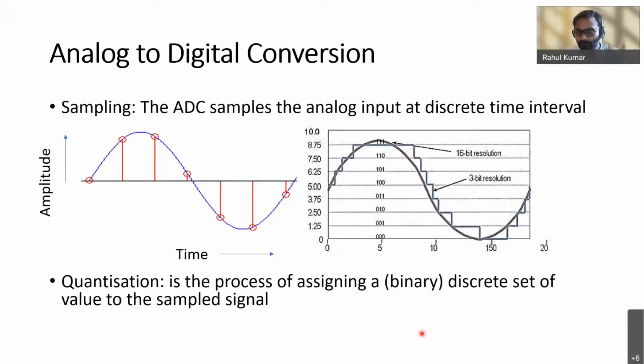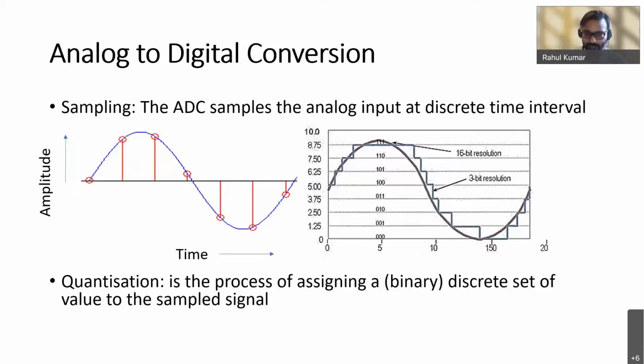Now, analog to digital conversion. For converting an analog signal into digital, we basically use two processes. The first step is to sample the data. Sampling means at regular intervals of time, we take some data from the analog signal, right?